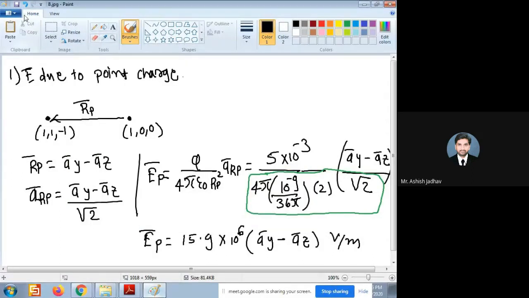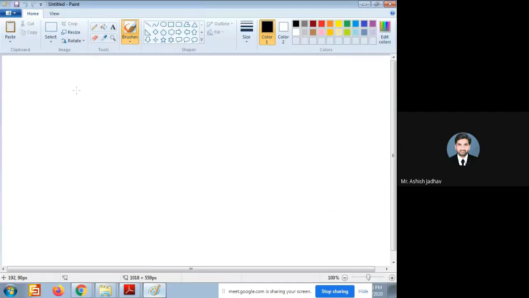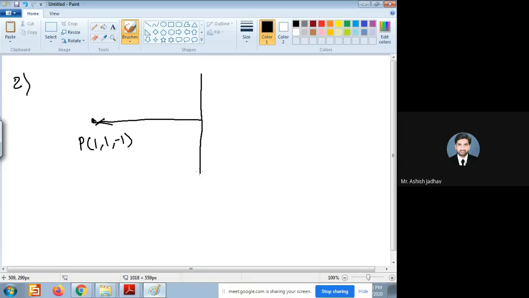So to find the next part, what you have is the line charge. To find the electric field intensity due to the line charge, this is part 2. You have a point here where we want the electric field intensity, that is (1, 1, -1). At this point we want the electric field intensity because of the line charge, so the line charge is present here. And what values are given?